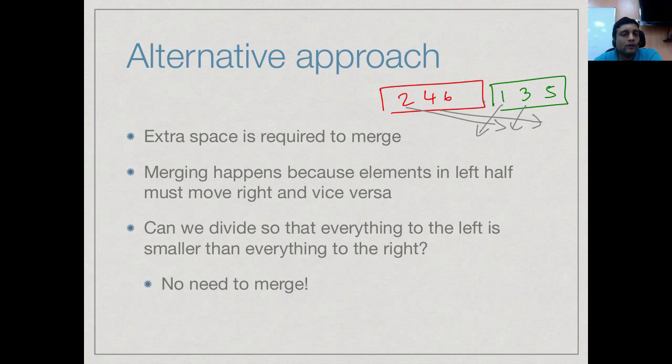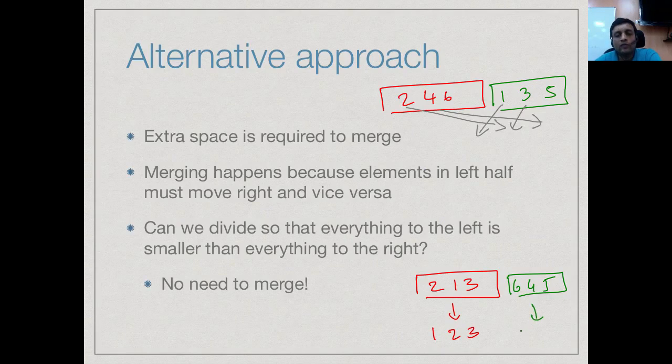Now, if we could come up with a way to avoid this, so that everything in the red part is smaller than everything in the green part, then once I have sorted the red part and sorted the green part, automatically everything in the red part stays to the left of everything in the green part. So if, instead of this, I had started on the left with, say, 2, 1, 3, and on the right with, say, 6, 4, 5, and then I had locally sorted these, I would get 1, 2, 3 and then 4, 5, 6.